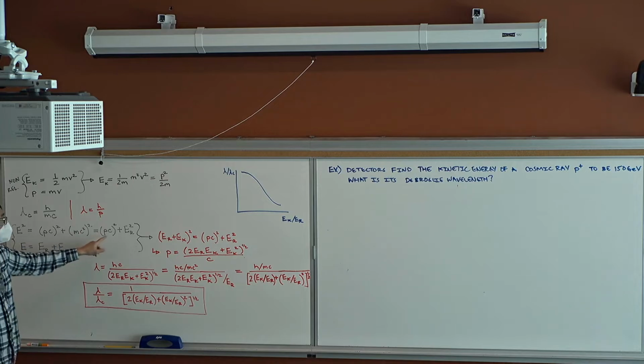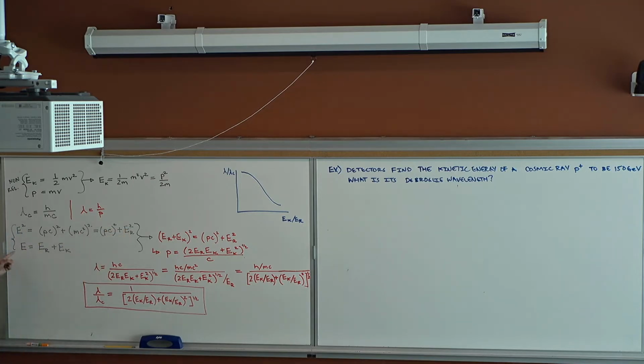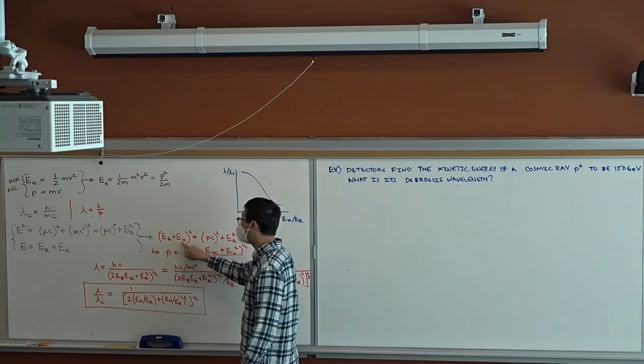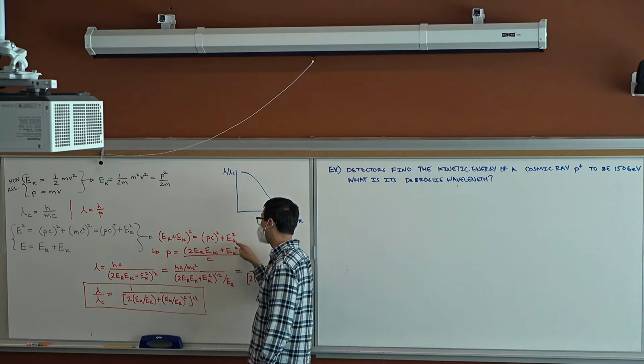We can write that as (pc) squared plus E_R squared. In this regime where we don't have to worry about potential energies, the total energy is just the rest energy plus the kinetic energy. So if I sub in for E squared, I get (E_R plus E_K) squared equal to p squared c squared plus E_R squared.